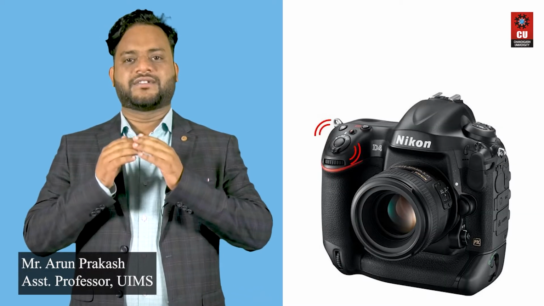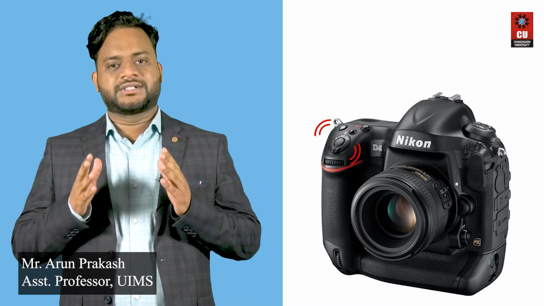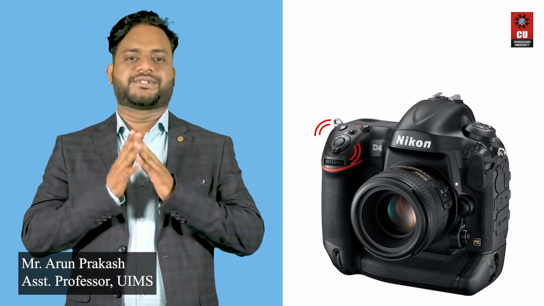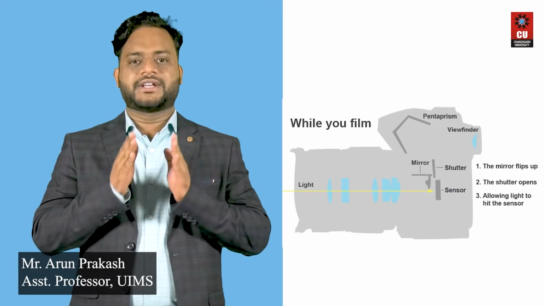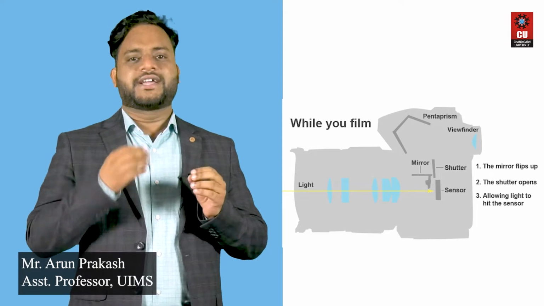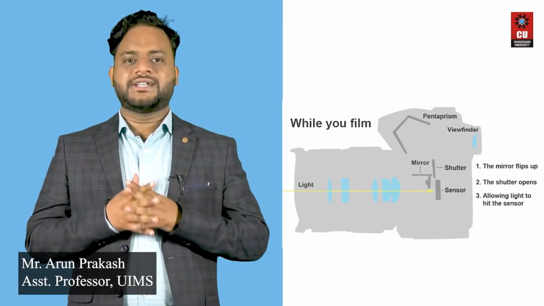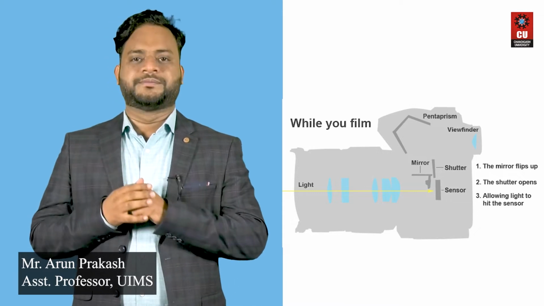The button that fires the camera is also called the shutter button because it triggers the shutter to open and close. Shutter speed is the length of time the camera shutter is open, exposing light onto the camera sensor. Essentially, it's how long your camera spends taking a photo.